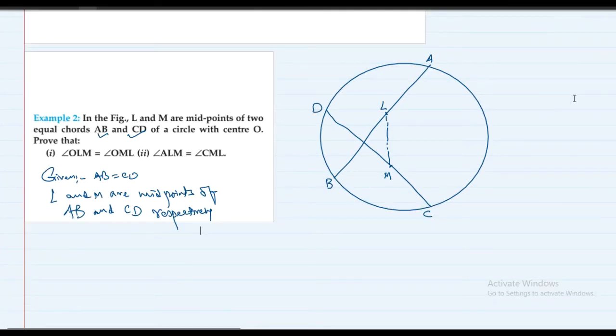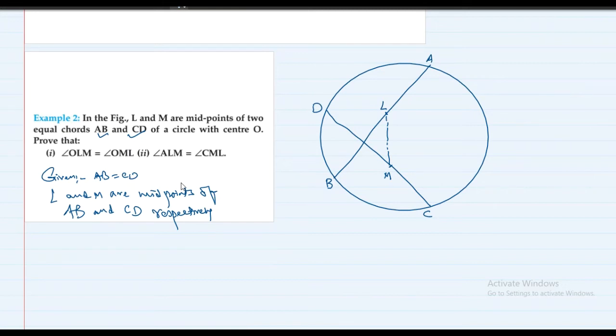L and M are midpoints of AB and CD respectively. That is given to us. And AB and CD are equal chords. That is also given to us.